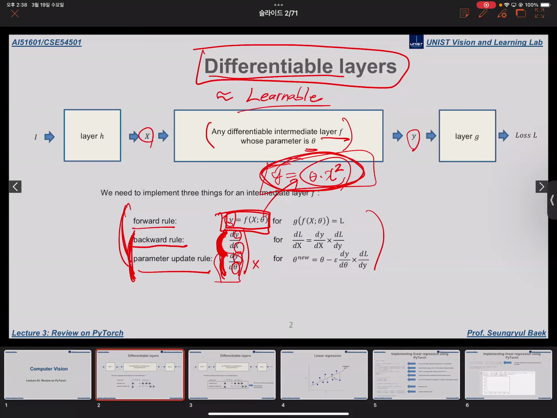The reason we have to define these 2 gradients is that the parameters of the entire deep architecture are learned using this formula, which is called gradient descent.